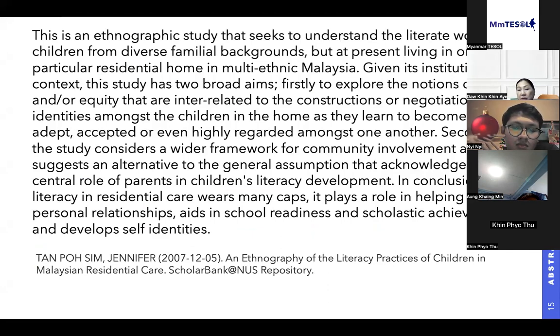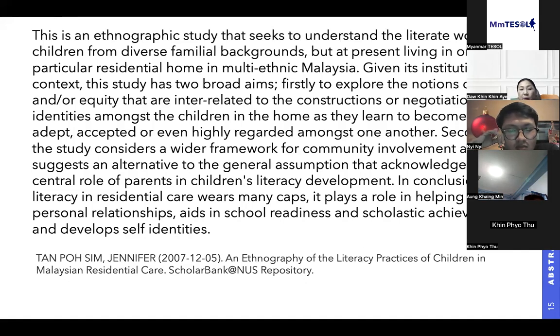Given its institutional context, this study has 2 broad aims. First, to explore the notions of power and/or equity that are interrelated to the construction or negotiation of identity amongst children in the home as they learn to become socially adept, accepted, or even highly regarded amongst one another.